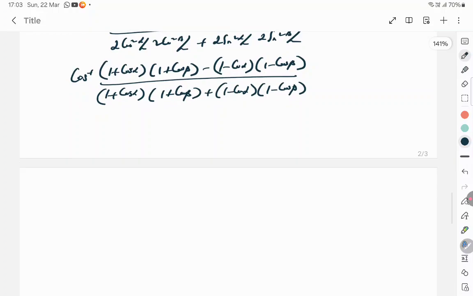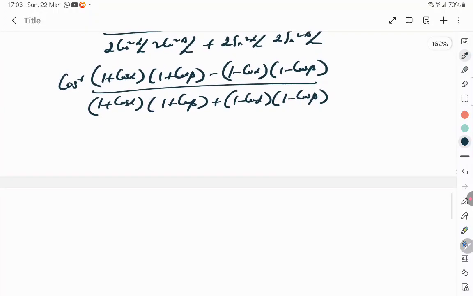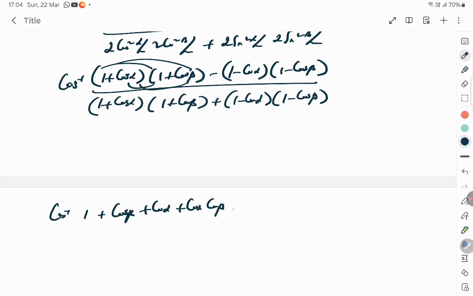Next step is to take everything inside. Just multiply them inside and see what you're getting. It's cos inverse of 1 plus cos beta plus cos alpha plus cos alpha cos beta. Similarly, you can take the right hand side also and multiply them inside.